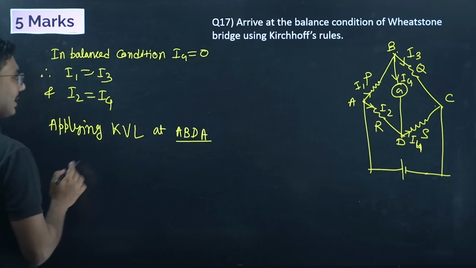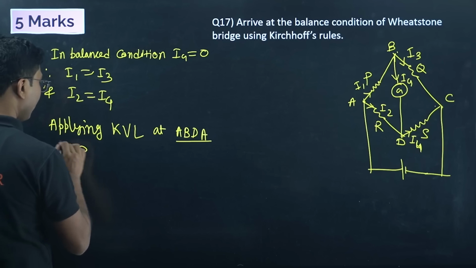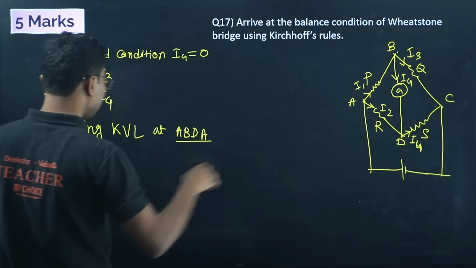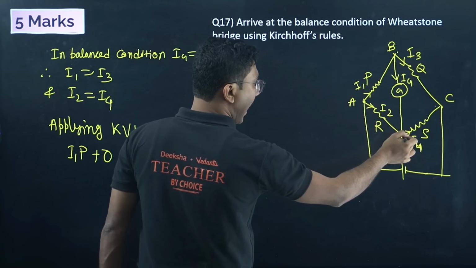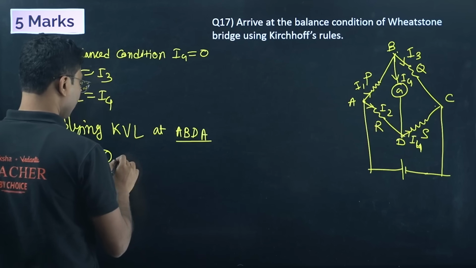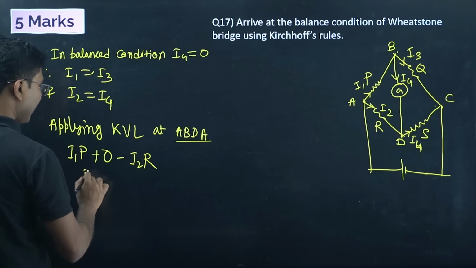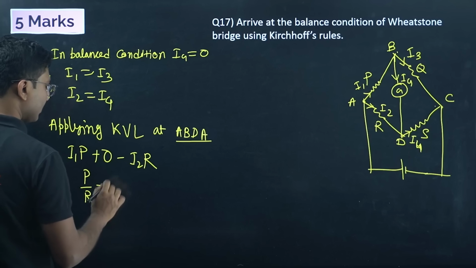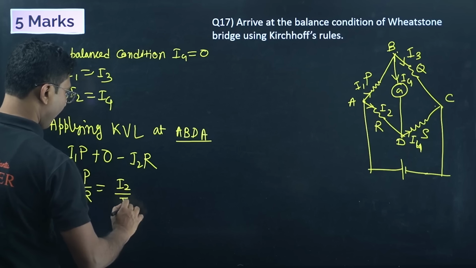Applying KVL at ABDA, what we can say, I1 into P plus 0, this is 0, and minus I2 into R. And from here we can say that P by R equals I2 by I1.